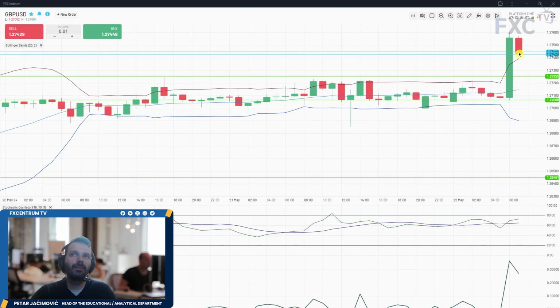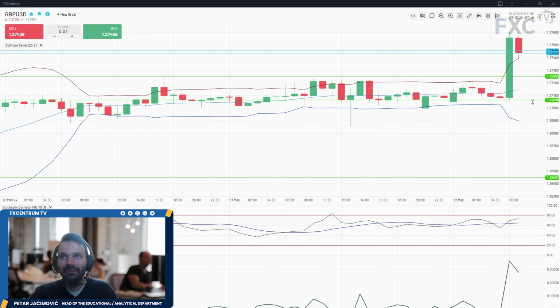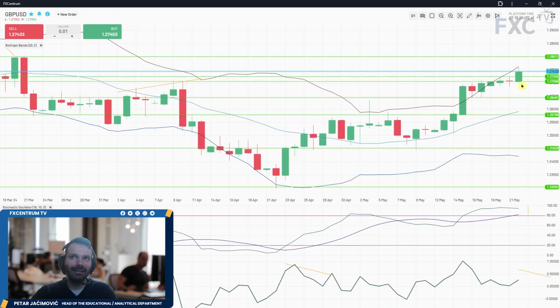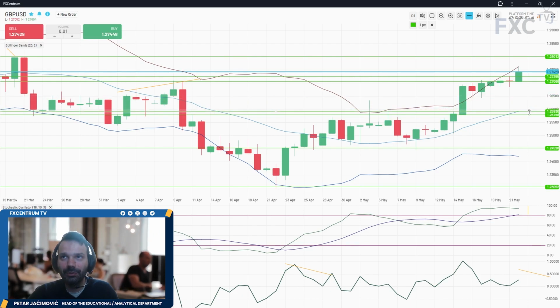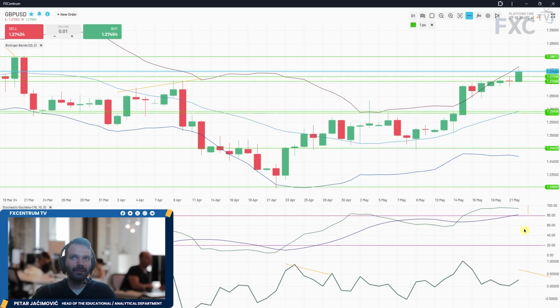But if we see the absorption of this, if the market can trade below 1.2706, this can be quite a big downside sign. And then this can open the door for downside movement even towards 1.2645 or even the 1.2595 mark. So it's quite extended. It's trading in the upper Bollinger Band, around 2 standard deviations on the daily time frame.